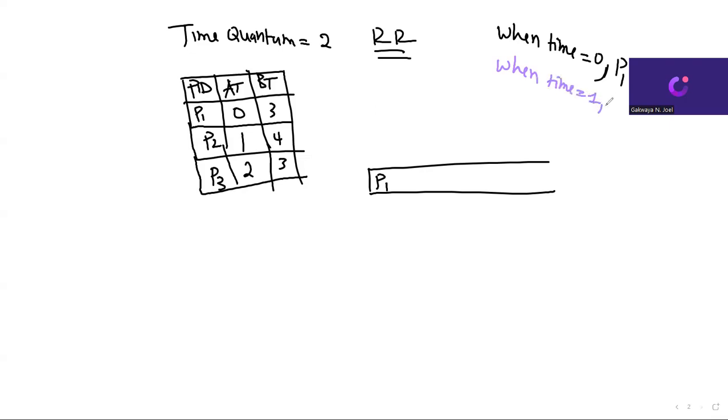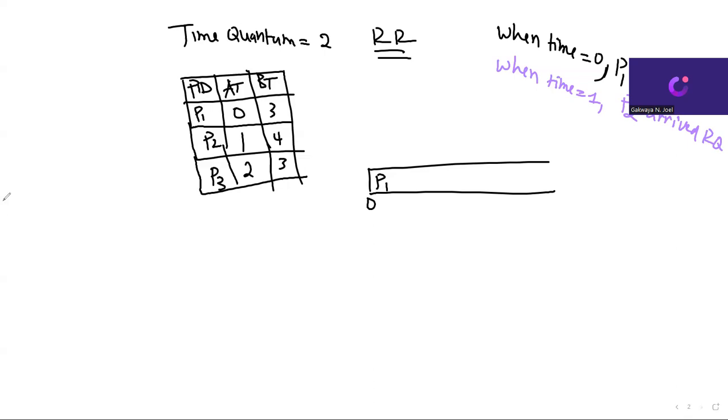Now, when time is equal to 1, what happened there? P2 arrived. Where did it arrive? P2 arrived in the ready queue. Okay, it arrived in the ready queue. But here we moved from 0. Remember, for the first time here, we moved from 0.